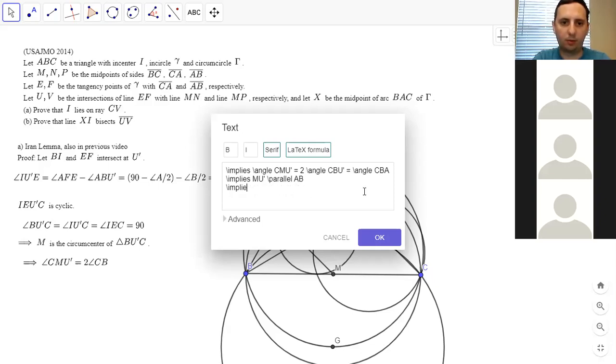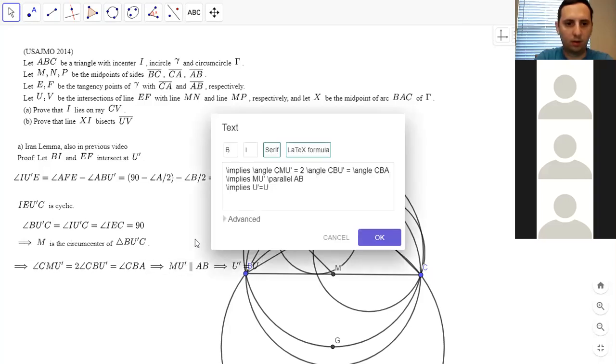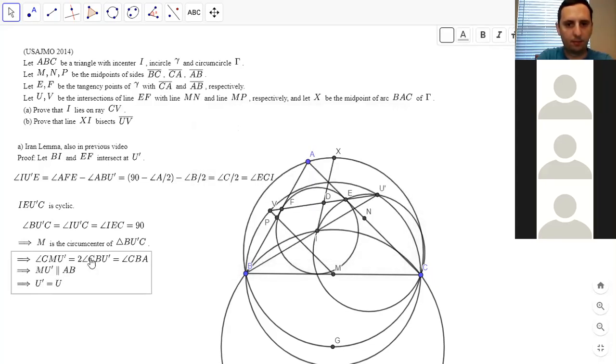I'll just say that means U prime equals U. So that's part A.